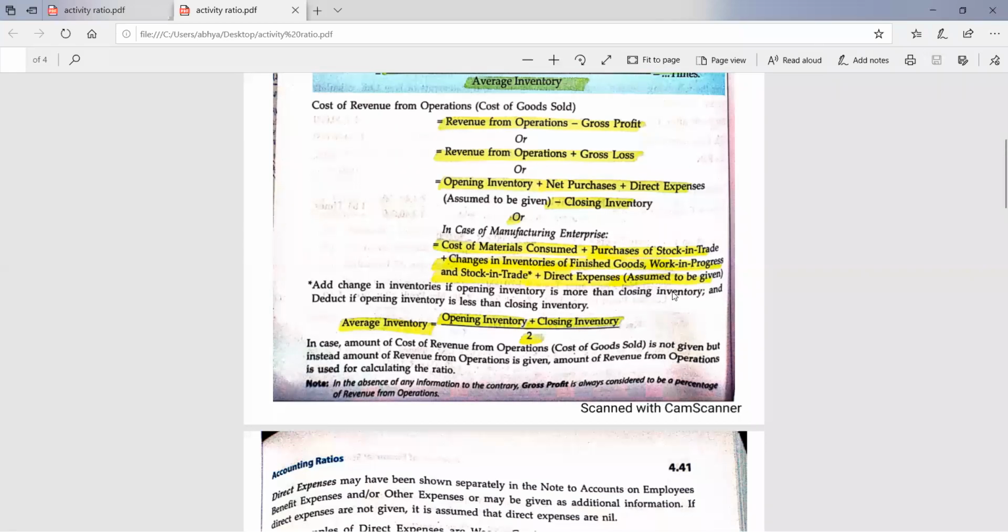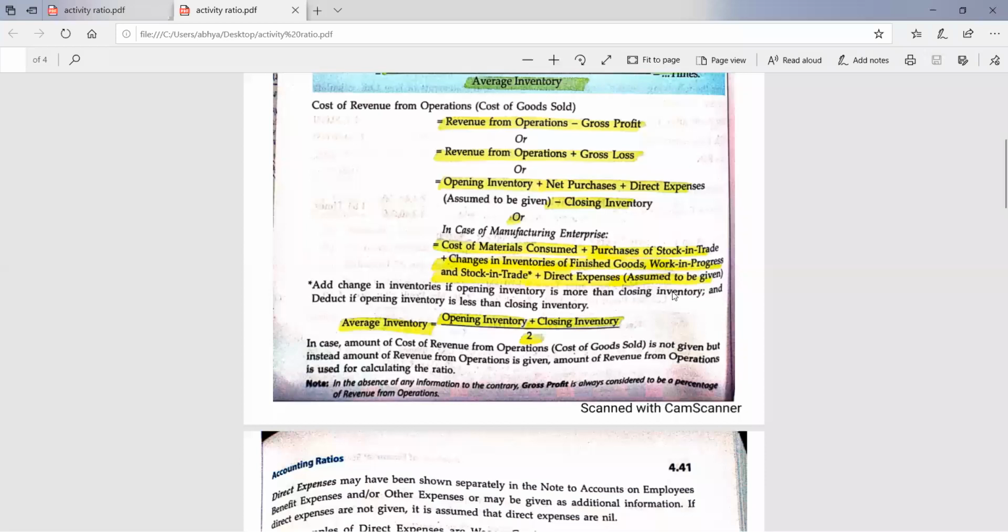Third item was changes in inventory of finished goods, work in progress and stock in trade. Then leave all the other items, staff welfare expense, depreciation, amortization, finance cost. You need not consider those here because all those expenses are related to the P&L account. And in cost of goods sold, we are just considering the trading account items. So all these items are related to the trading account.